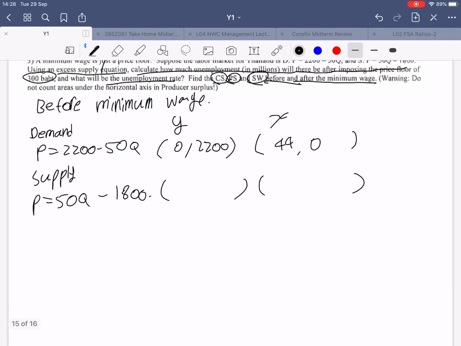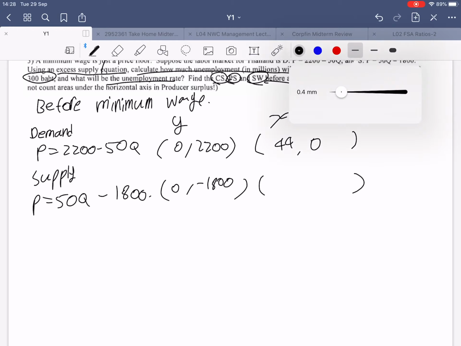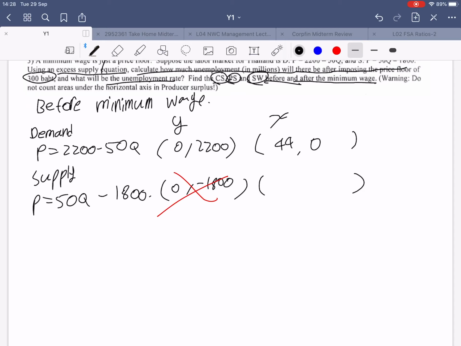And for the supply, the y-intercept is going to be 0 and negative 1800. But as the question mentioned, that we do not count areas under the horizontal axis in producer surplus, so we are just going to cancel it. We are not going to use this. And for the x-intercept, P equals 0, so it is going to be 36 and 0.